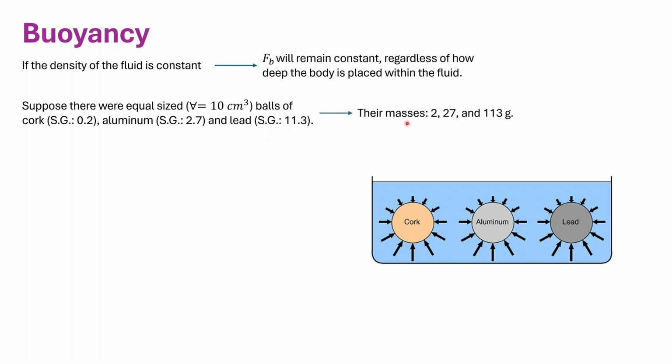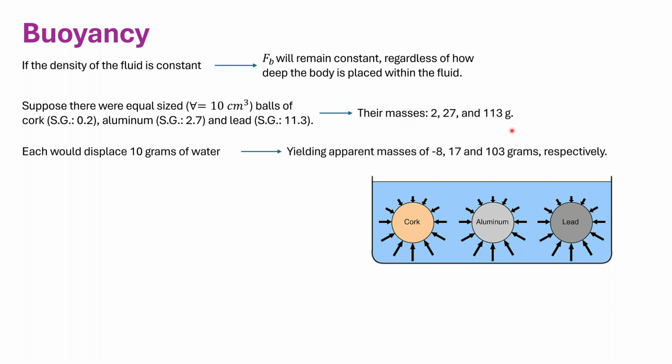Therefore, their masses will be 2, 27, and 113 grams. And each would displace 10 grams of water because their volume is 10 centimeters cubed, and each centimeter cubed weighs 1 gram. Therefore, it yields apparent masses of -8, 17, and 103 grams respectively.